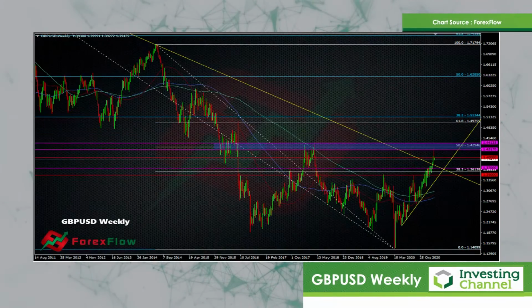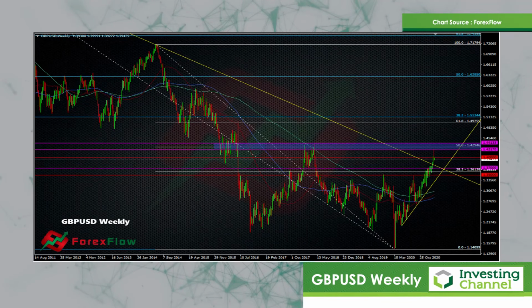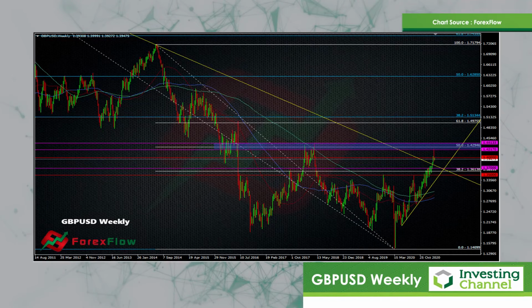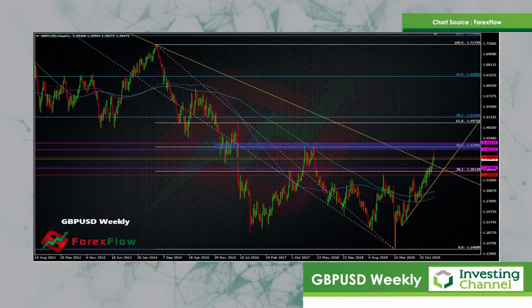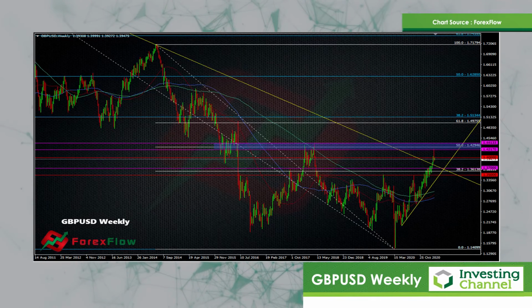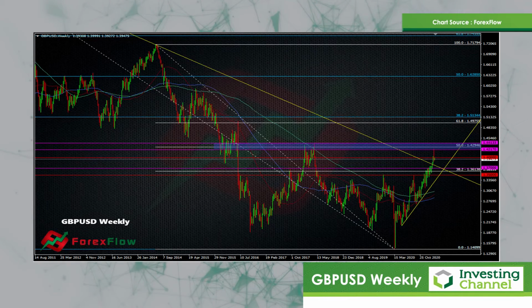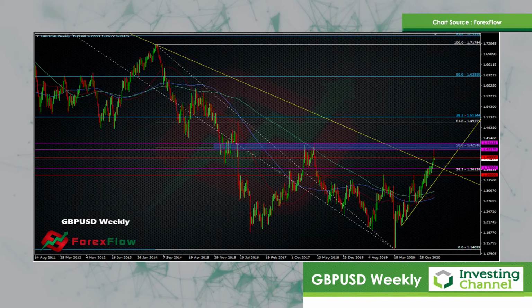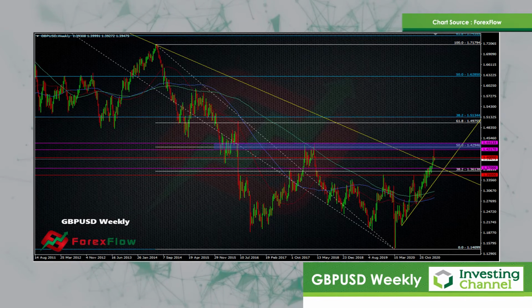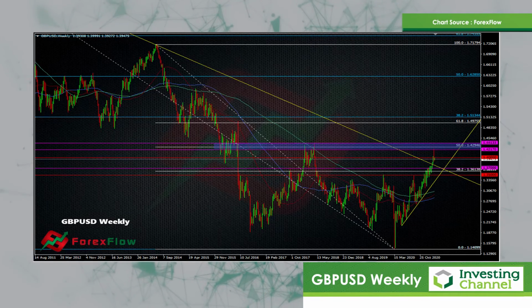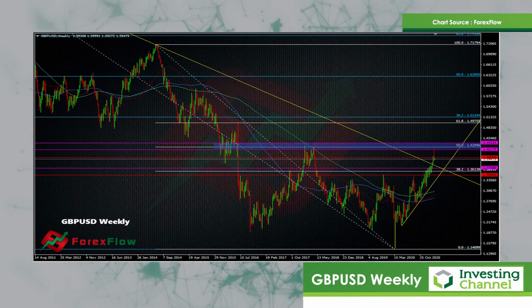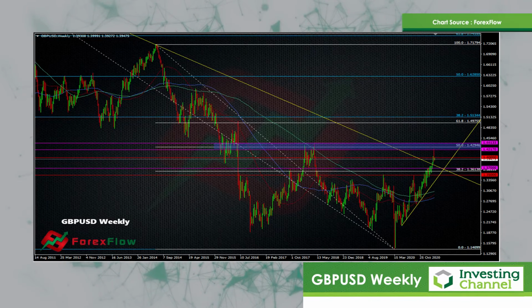Now I'm going to move on to cable, and we're going to look at the weekly chart here. Again, we've been looking at this for a long while. We got another big move up last week, all the way up to the 142 area, which was the big zone I've been looking at for a long while now. We had the 140 zone, which had a lot of options activity there, barriers and so on, but it wasn't a big level technically.